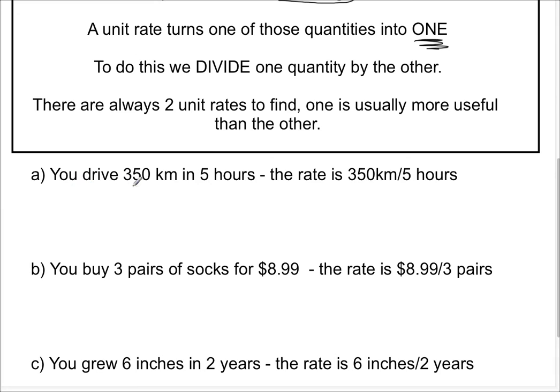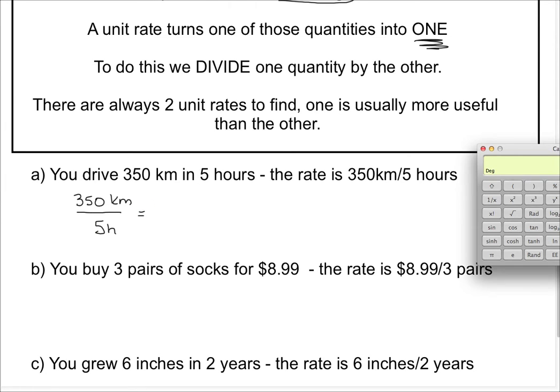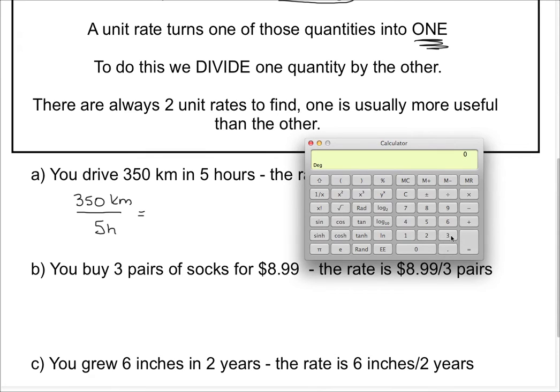In this one we drive 350 kilometers in 5 hours. So we do 350 kilometers divided by 5 hours, and I'm going to pull up my handy dandy calculator. We always type in the top first and then hit the divided by key, and the bottom is 5.